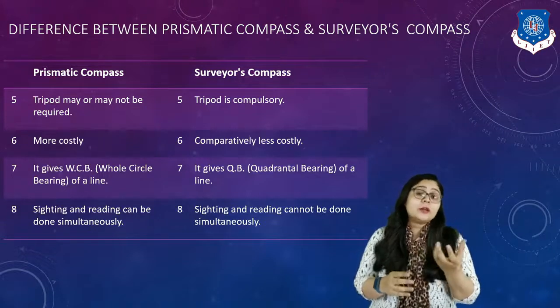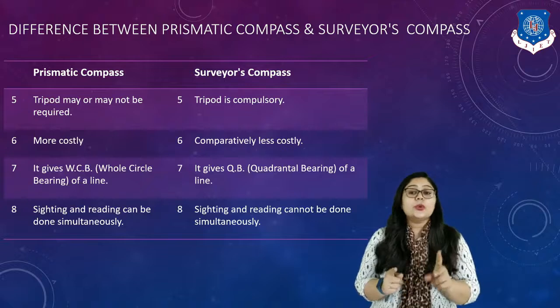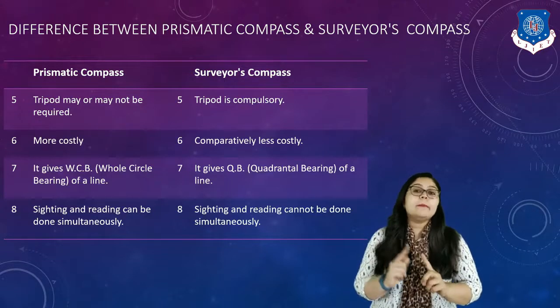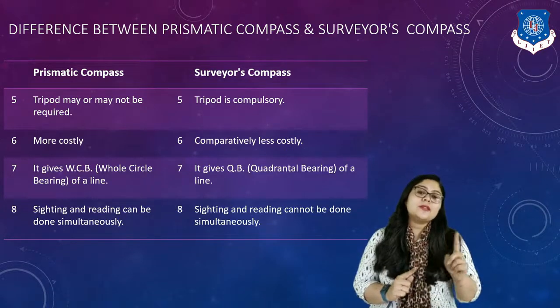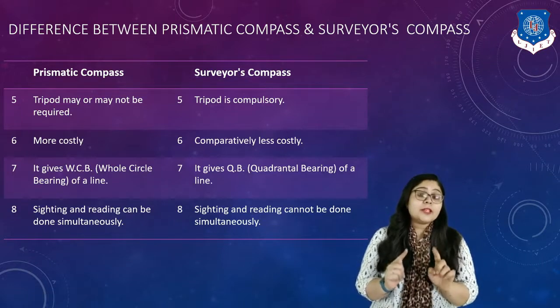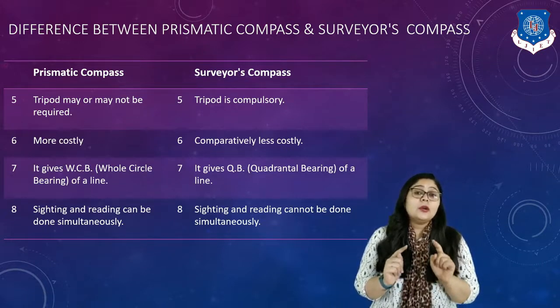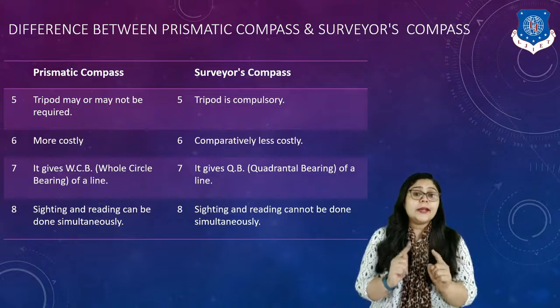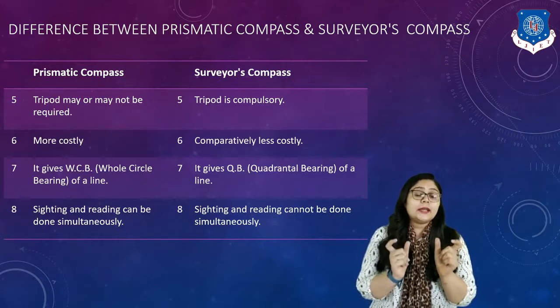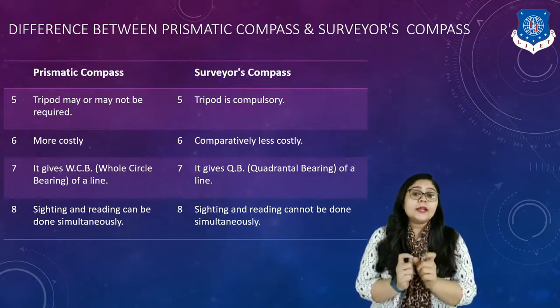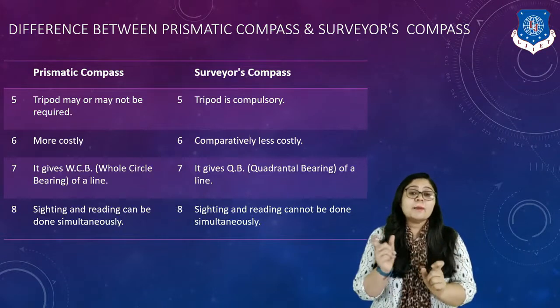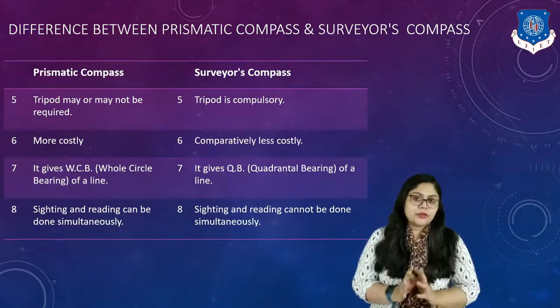It means a quadrant bearing I am getting, right? So, the WCB for prismatic compass and quadrantal bearing for surveyor's compass. Please keep this point in your mind while we are going to discuss in detail WCB and QB. At that time, you get the idea that in which compass, which system is used, right?